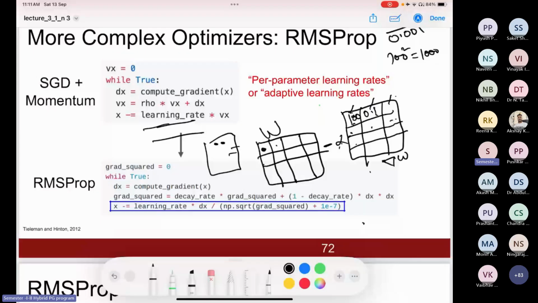Now the problem was that there was no uniformity here. In one direction it was giving you 100, that means great change. In another direction it was giving you 0.1, a very small change. Due to that you were getting the problem we were facing, the poor conditioning. So why shouldn't we put everyone on the same page? That means why don't we make everyone similar?